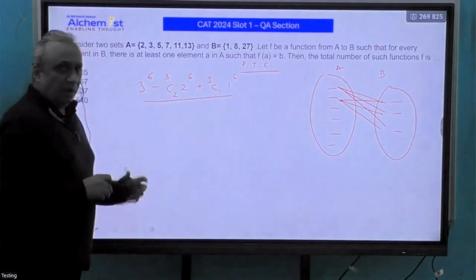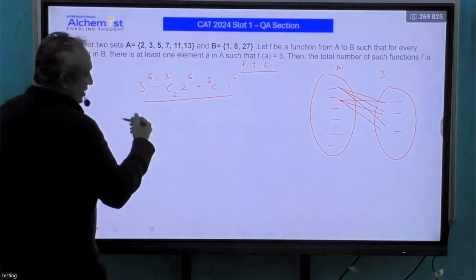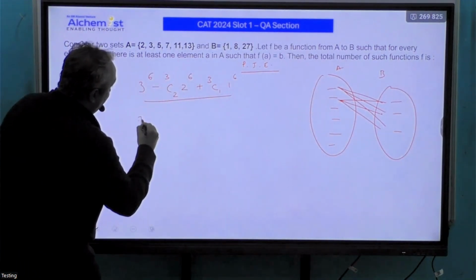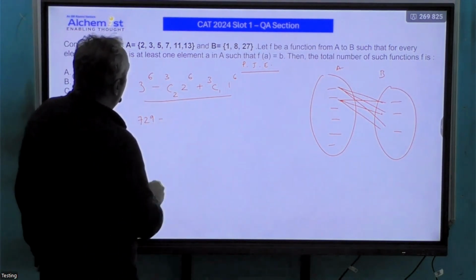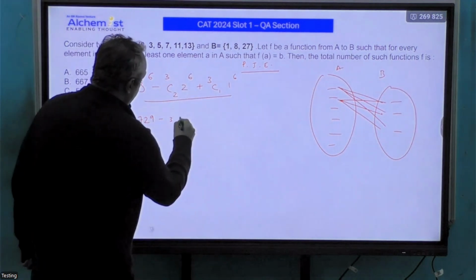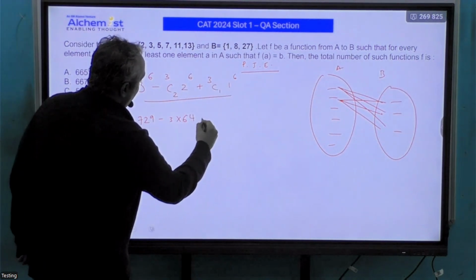Now I will tell you how we have arrived at this figure, but just let's calculate the answer for the time being. So 3 to the power 6 is 9 cube, which is 729. This is minus 3C2 is 3, 2 to the power 6 is 64, and this would have been just 3.